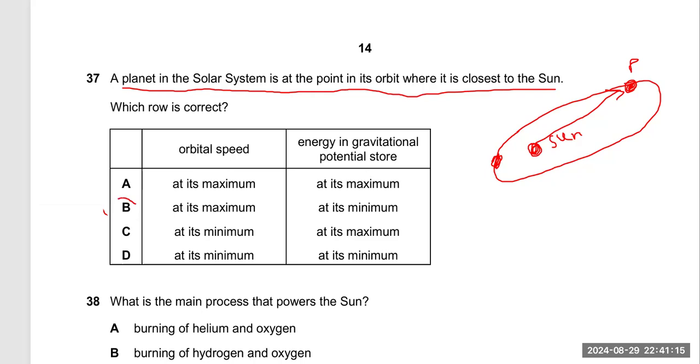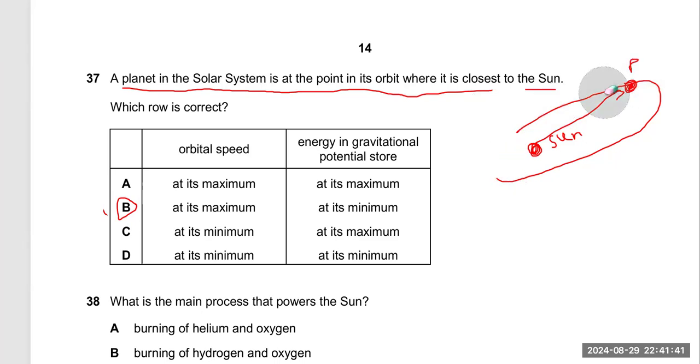So this is the B option which you have to choose here. Remember, if orbital speed is maximum close to the sun, it means its kinetic energy is maximum, because the formula of kinetic energy is 1 by 2 mv square, where v is the speed of the object. That is why kinetic energy is maximum.